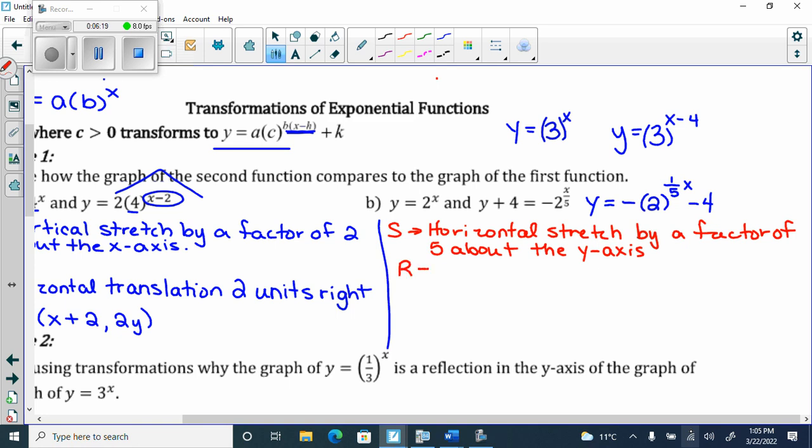My r is a reflection. It's sitting in front, so I have a reflection. It's with the y, so I have a reflection in the x-axis. Translations: yeah, vertical translation, 4 units down.